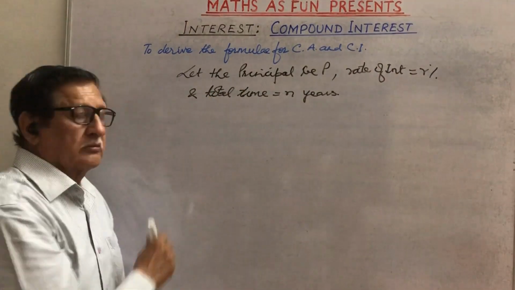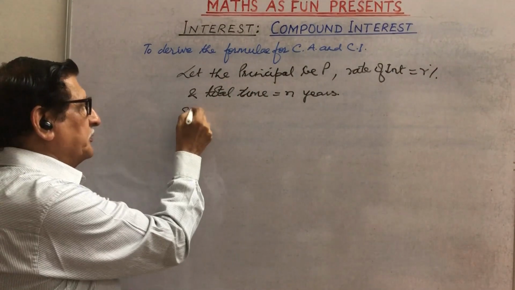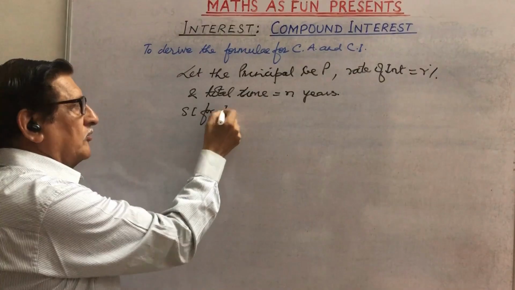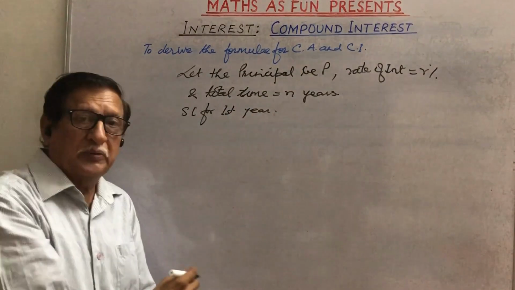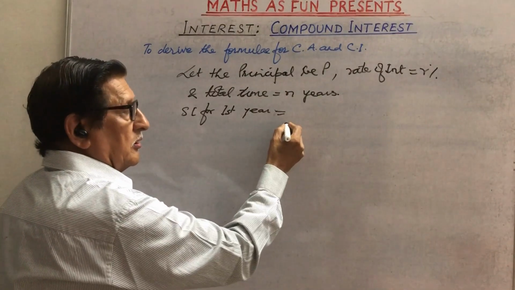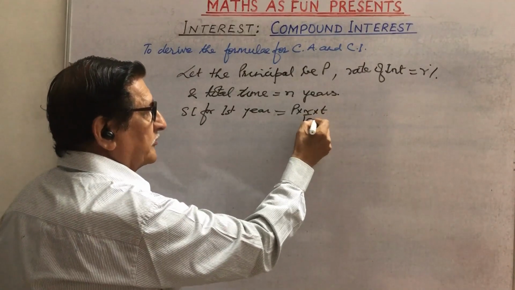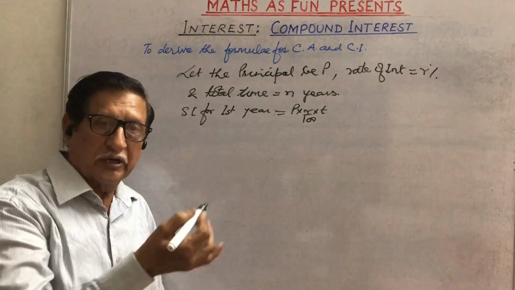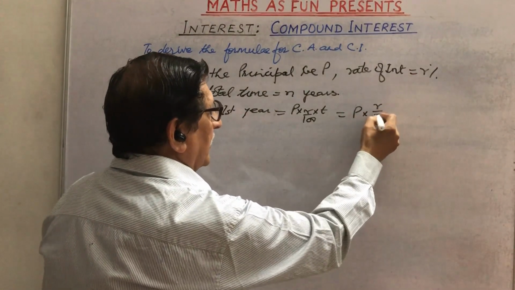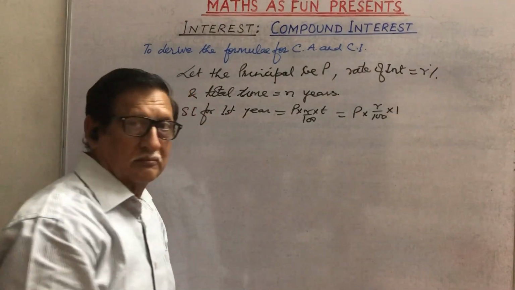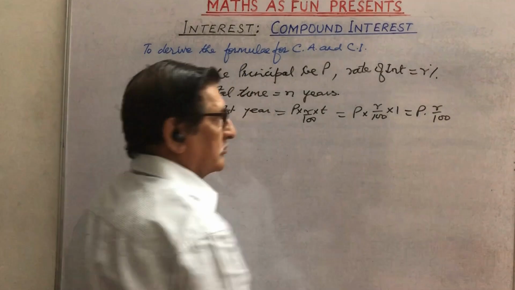When we calculate the simple interest for the first year, will that be equal to P into R into T upon 100, or P into i into T? And that will be P into R upon 100 into 1. So it becomes P into R upon 100.